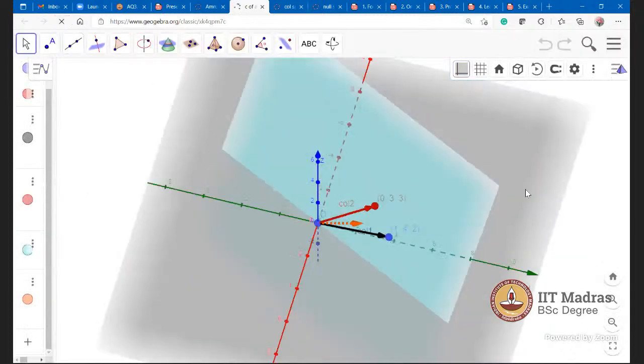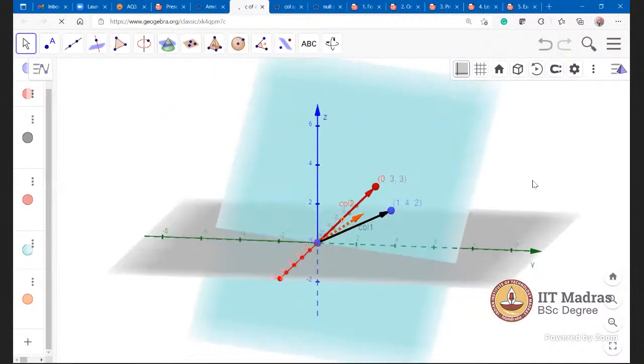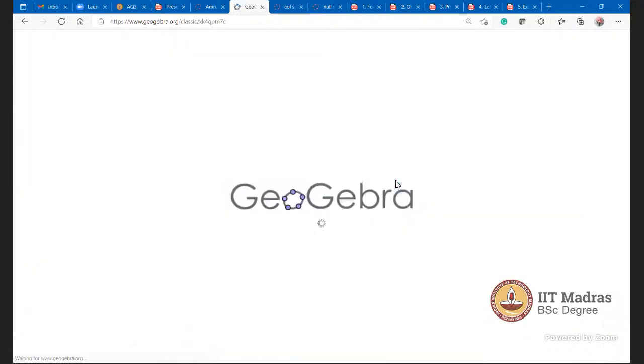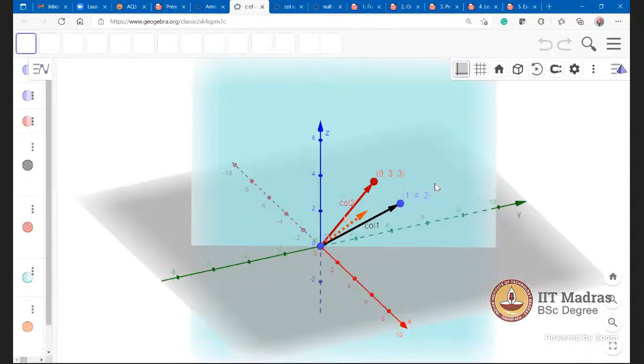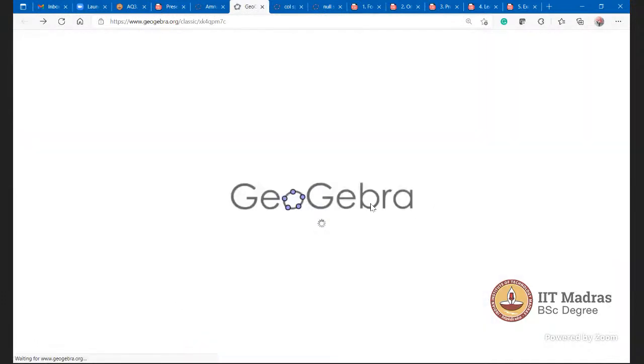It's a simple applet which shows 2 columns of a matrix A, with columns 1, 4, 2 and 0, 3, 3. For this matrix, the column space is the linear combinations of these 2 columns.